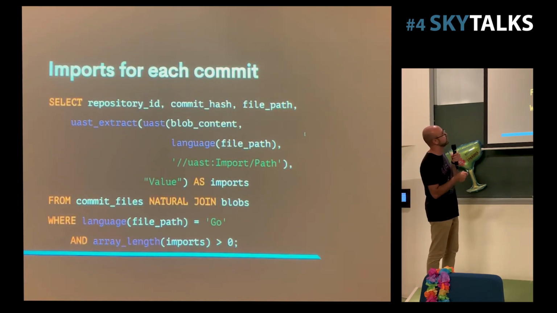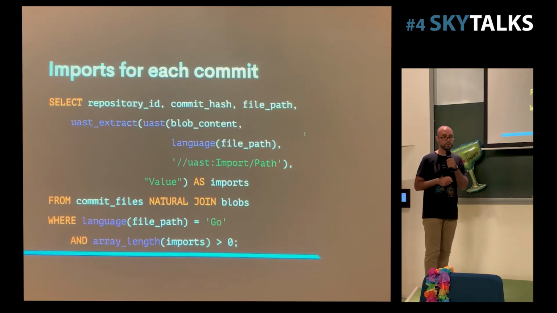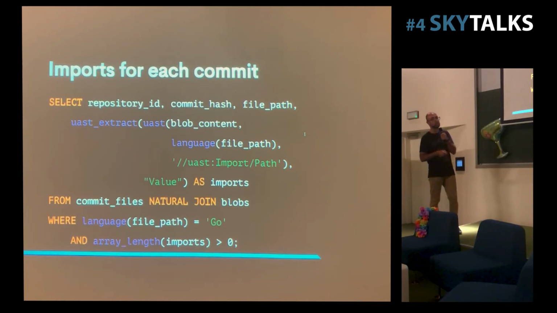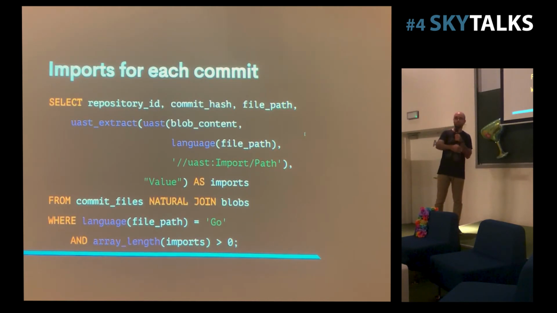In Gitbase, you parse an AST, and then you run an XPath query. XPath is a language to find information inside a graph-like structure. It's typically used for HTML or XML. Here we use it for an AST. So we ask for imports. We ask which, for example, Python packages we are using in all our Git repositories.